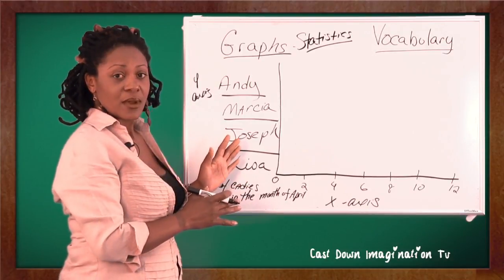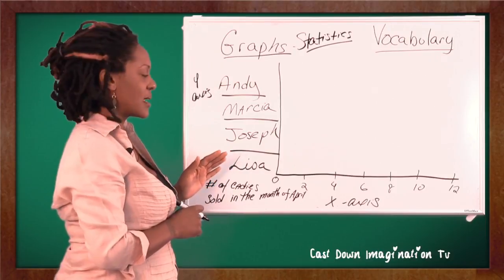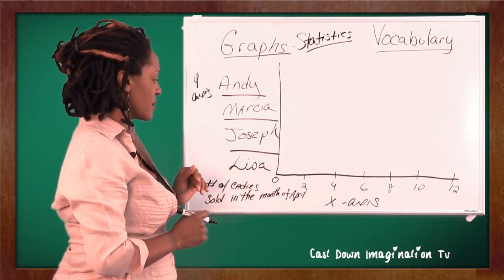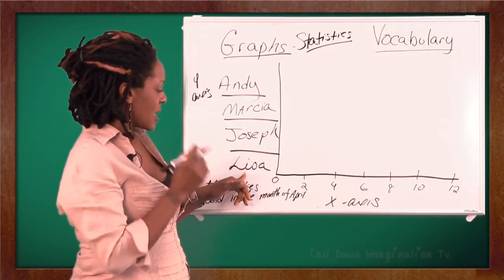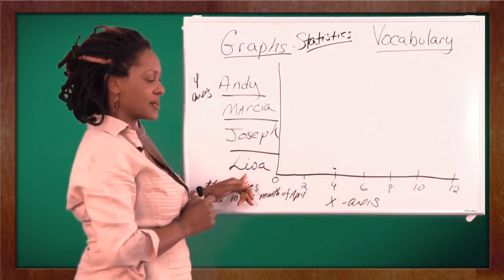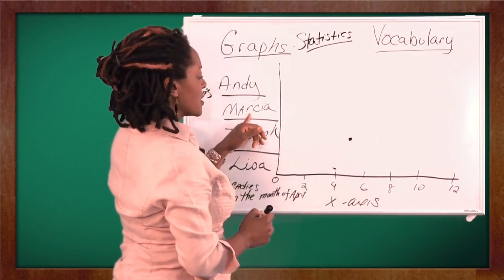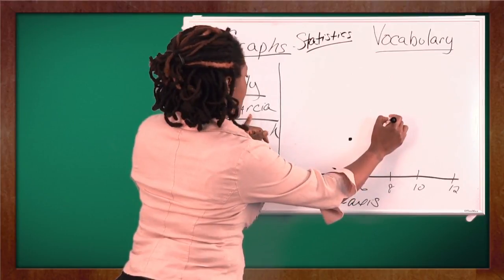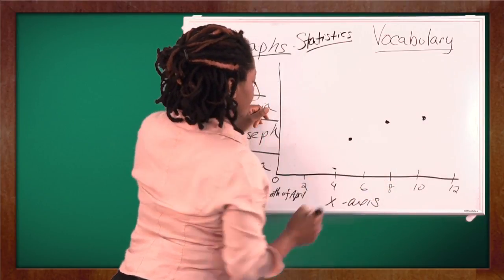Well, we can put that on a graph and give a visual representation of what that progress looks like and what all the information entails. So let's say we're going to start with Lisa, and let's say within the month of April, Lisa sold 4 candies. Joseph sold 5. Marcia sold 8. And Andy sold 10.